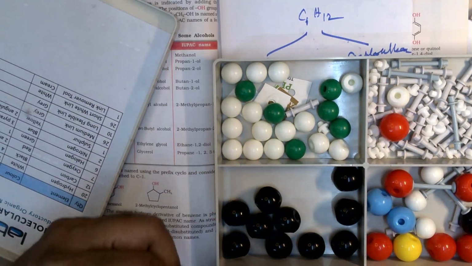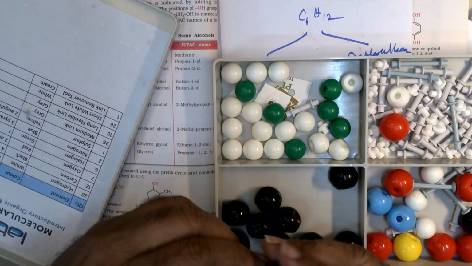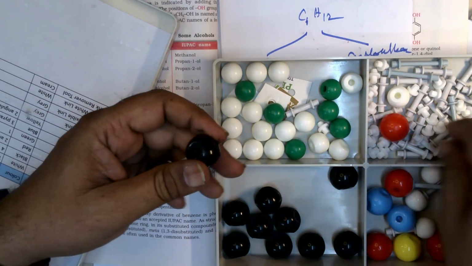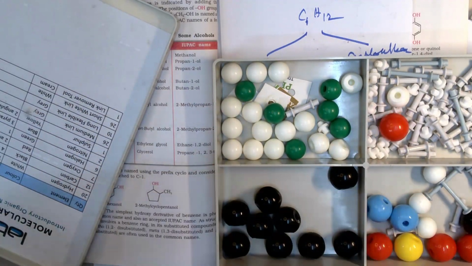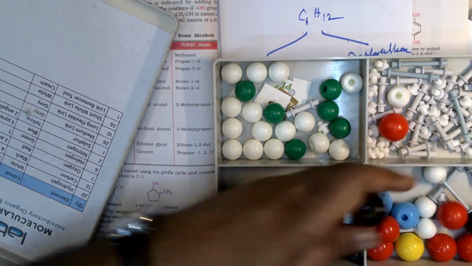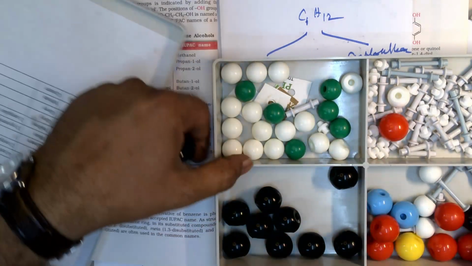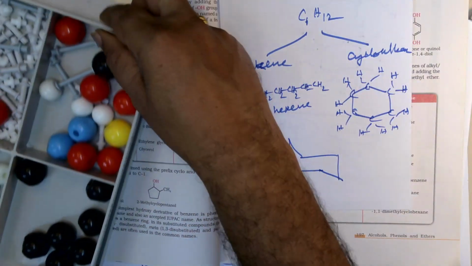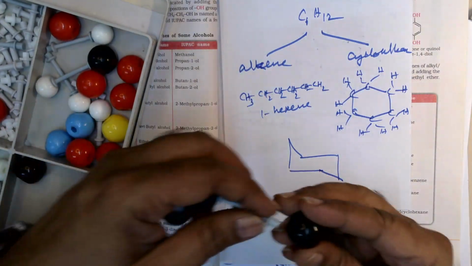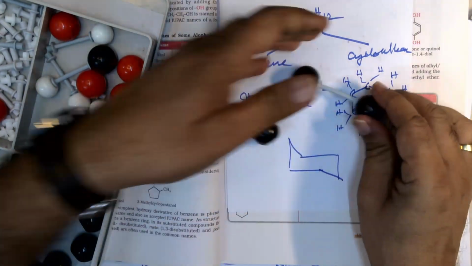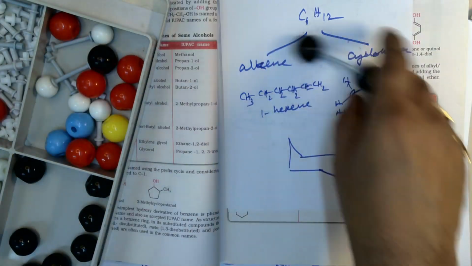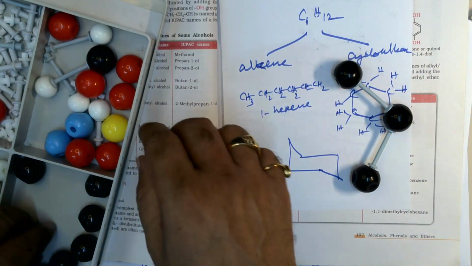So we have one, two, three, fourth one, so you have like this.